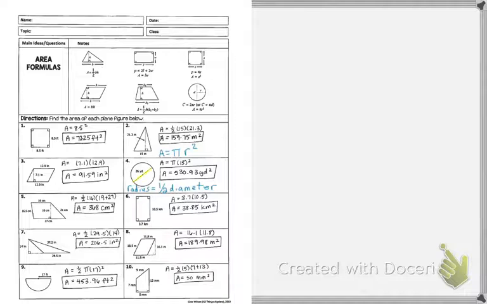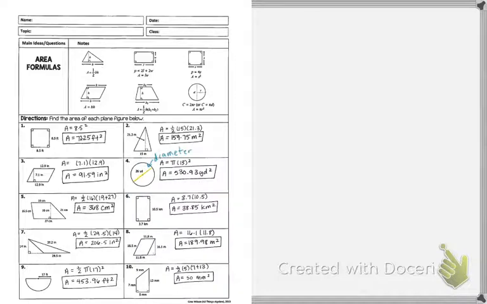This, my fellow students, is the diameter. So that's the diameter.